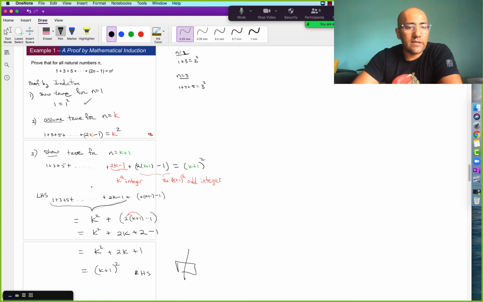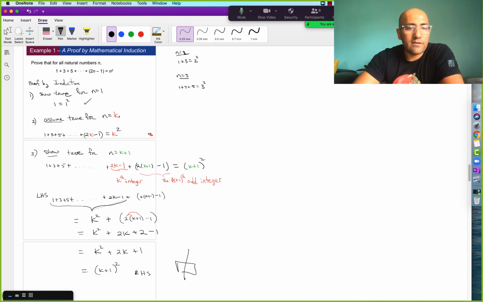And now this is where the work comes in. I need to prove that it's true for n equals k plus 1, the one right next to it. If you can show that assuming this one works, this is kind of like you've jumped in the middle of that chain of dominoes and you said that anywhere along this chain, assuming that the one before worked, it's going to knock the one next to it, right? k plus 1 is the one right after it.